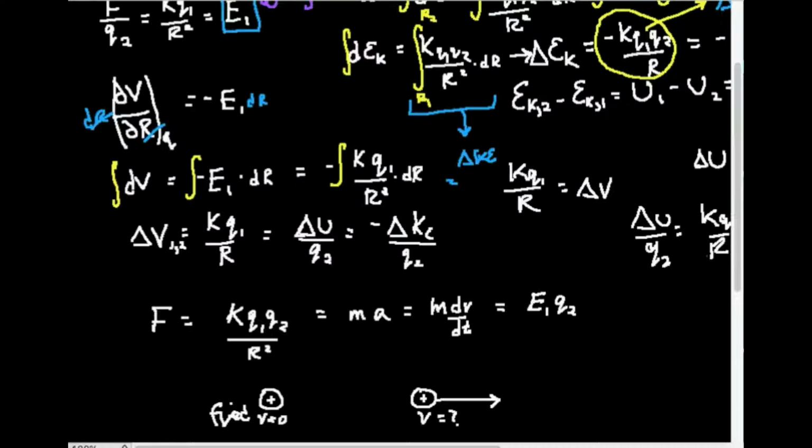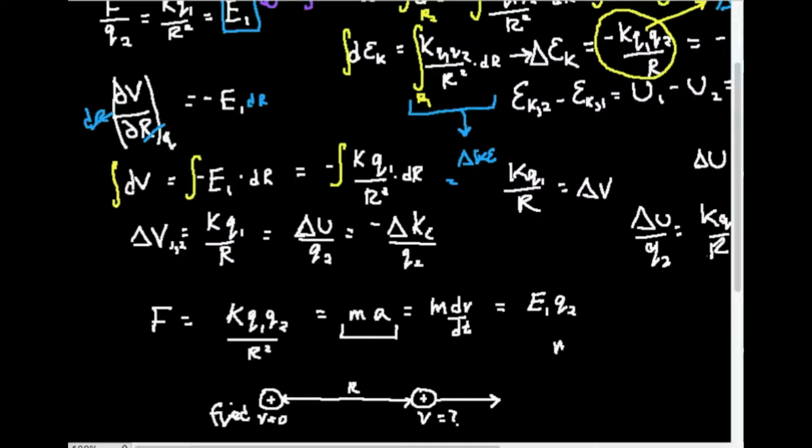Now, by Newton's second law, it still applies that the force is also equal to the mass times the acceleration, right? So if you knew what charge 1 was or charge 2, and you actually knew the distance between them, which in this case would be R, and you know K, Coulomb's constant, you can actually calculate how fast the particle will be moving, or in other words, how much it accelerates, right? So how would you do that?